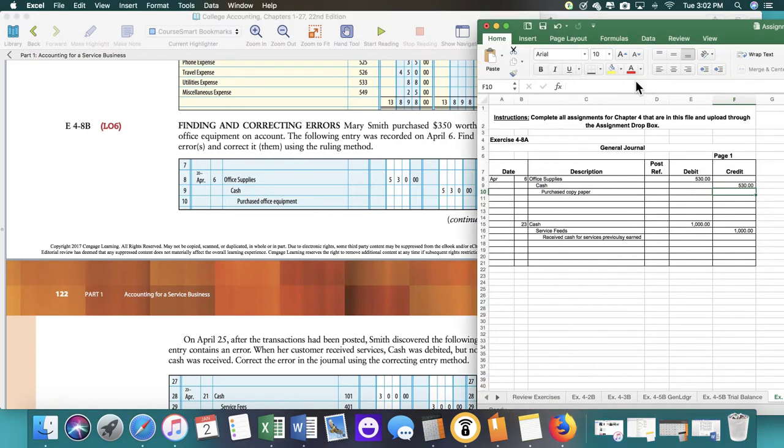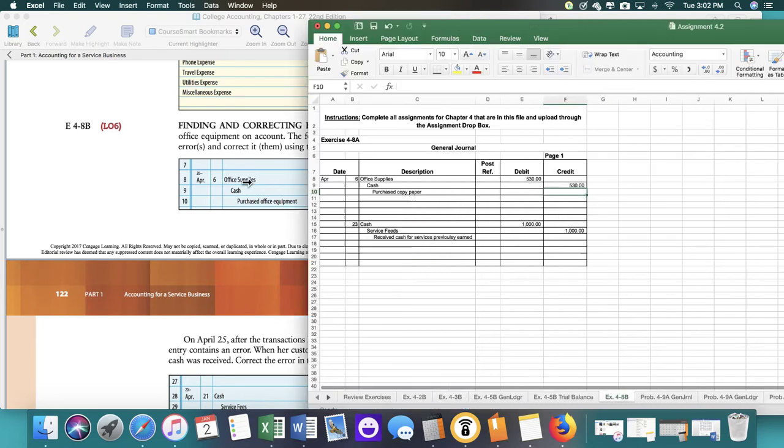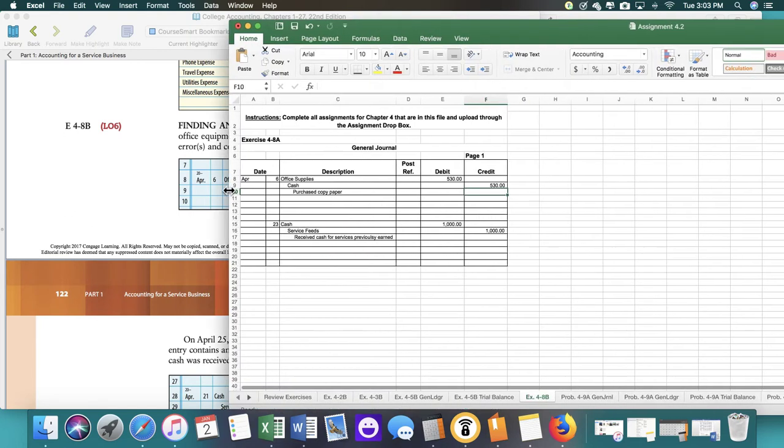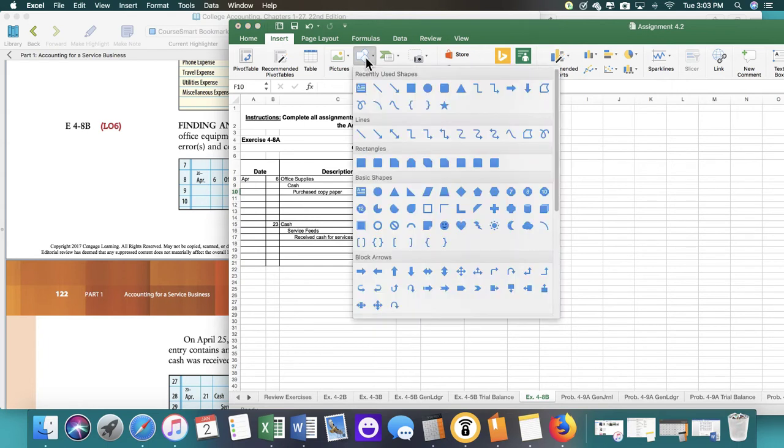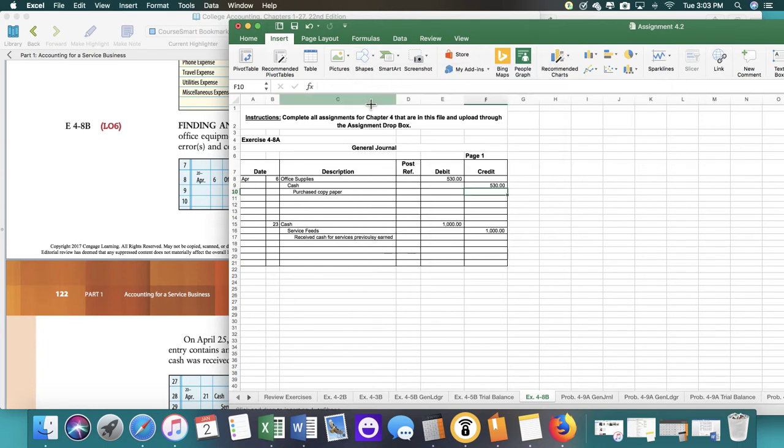So the first step we have to do is cross out where it says office supplies. And this is when you're going to break out Excel. So I'm going to go to Insert Shapes, and then I'm just going to use a straight line and put it straight through.